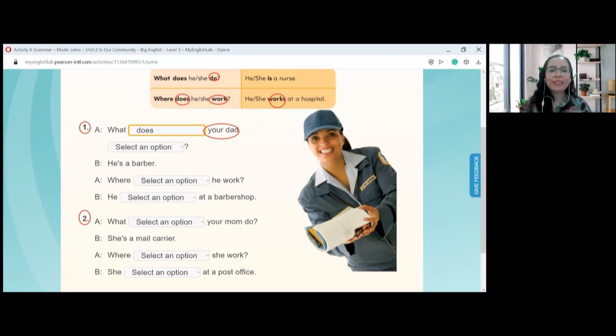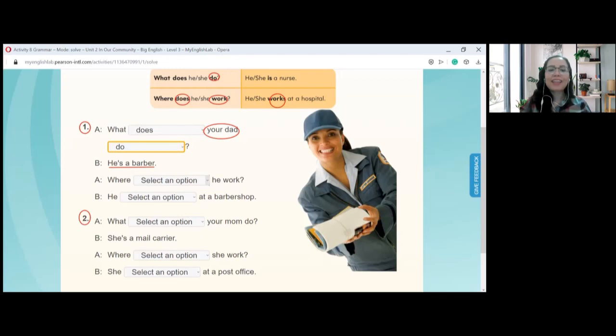Okay, we can see from the answer, yeah, he's a barber. So this question needs to ask about someone's occupation. I'll look at the options then. Do or does? Okay, we have to end this question using the word do. It becomes, what does your dad do? He is a barber.